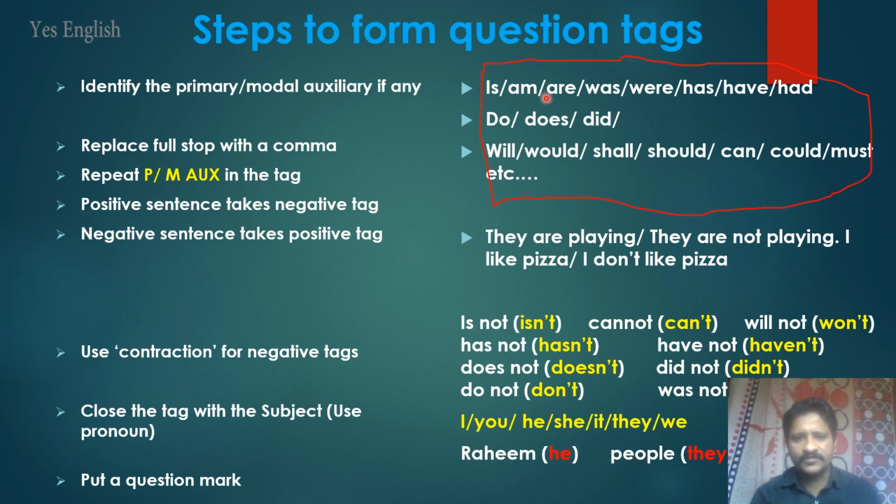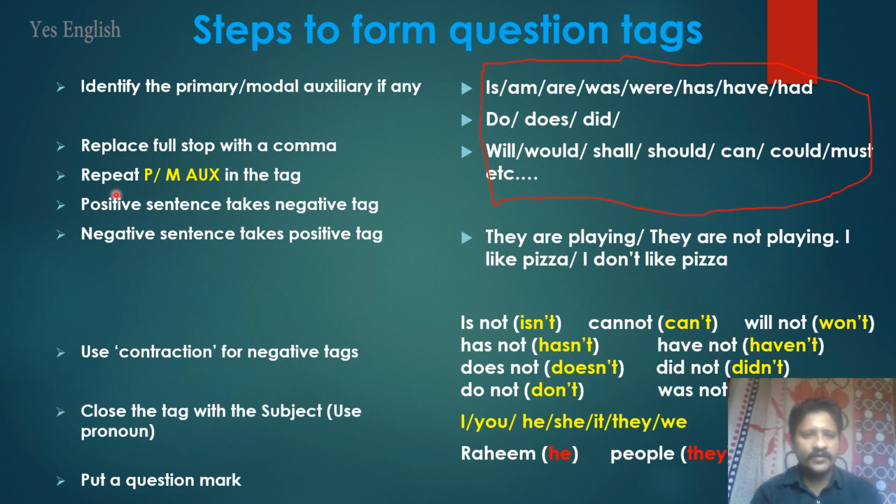Okay, is, am, are, was, were, has, have, had, do, does, or did. These are called primary auxiliary, and then modal auxiliary verbs like will, would, shall, should, can, could, must, need. There are a few more to discuss.